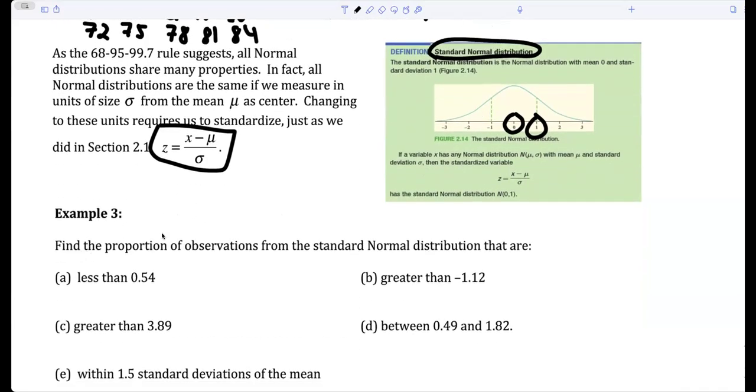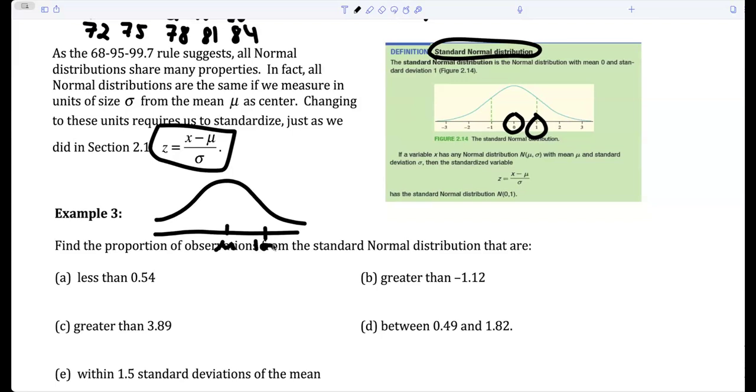We're going to look at several examples here. It says find the proportion of observations from the standard normal distribution that are less than 0.54. I'm going to do this for the first one, but I don't think you have to do this for all of them, but I'm going to make a quick sketch. So if I have a standard normal distribution here, this is mu.